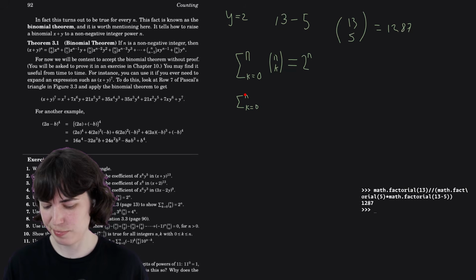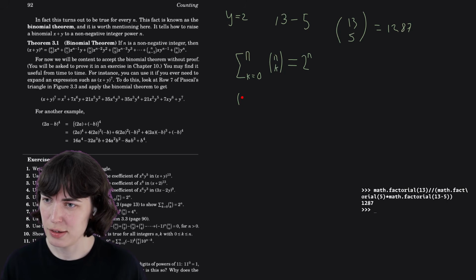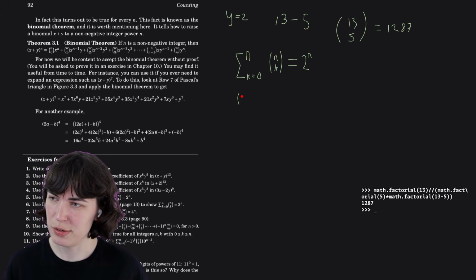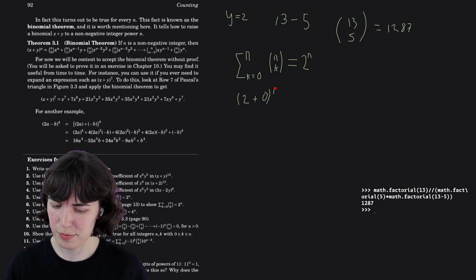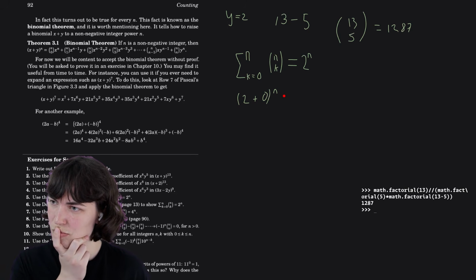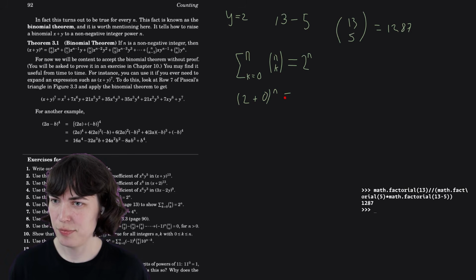So yeah, you know what? I'm being slightly led. So let's say we've got, like this could also be 2 plus 0 to the n.